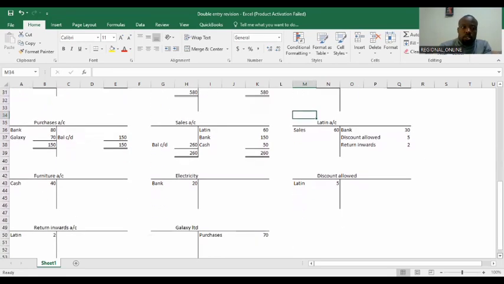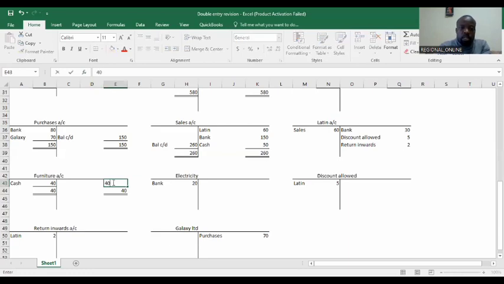Then the next account to close down is furniture. It only has one figure on the debit. So it is 40. So 40, that means at the end of the period, the balance in that account is 40.